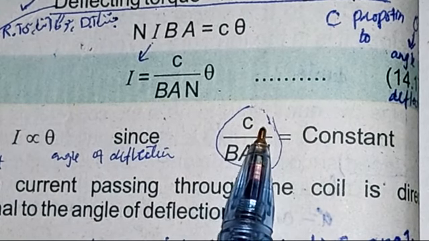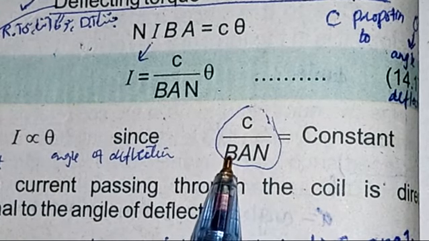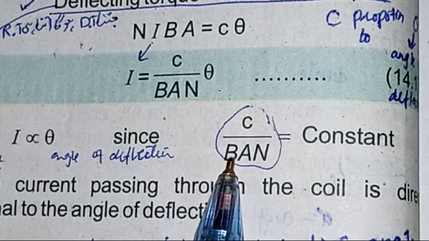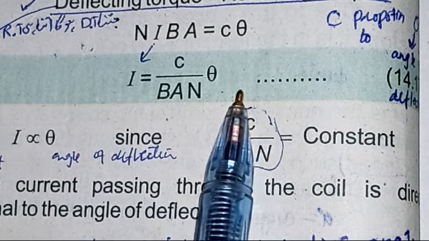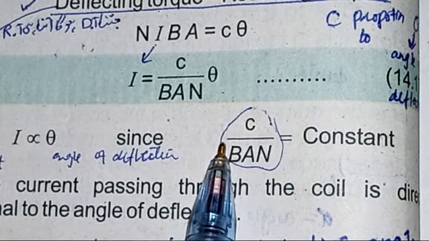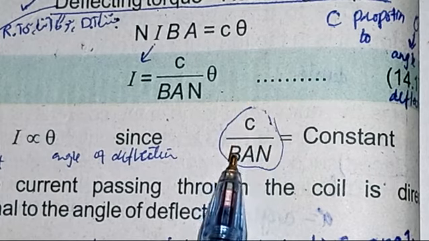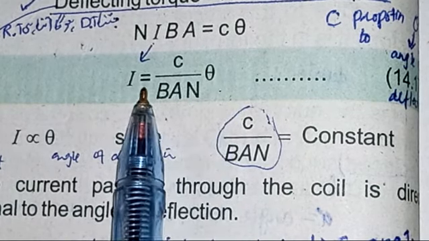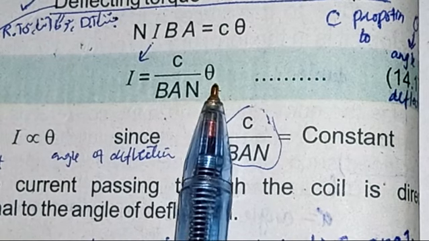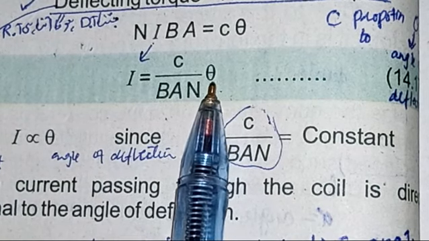And how can we make it small? By increasing the values of the denominator, by increasing B, A, N, we will make this complete factor small. And when this value is small, I is directly proportional to θ. In this way, the galvanometer becomes more sensitive.